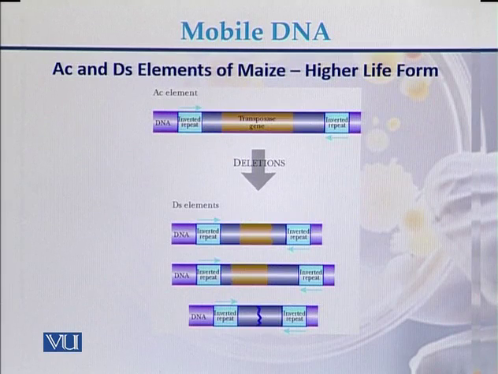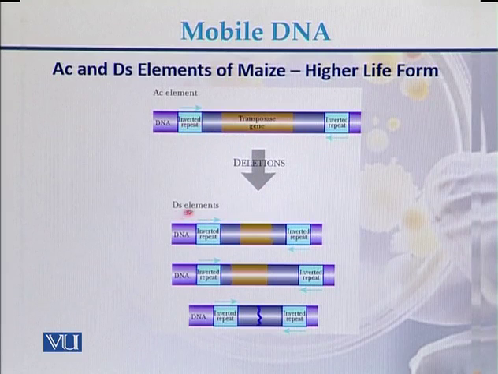Mobile DNA is also found in higher life forms. In the case of maize, there are activator and dissociation elements. So activator elements and dissociation elements are found in maize. In the case of activator elements, there is a sequence for the transposase gene and there are inverted repeats.